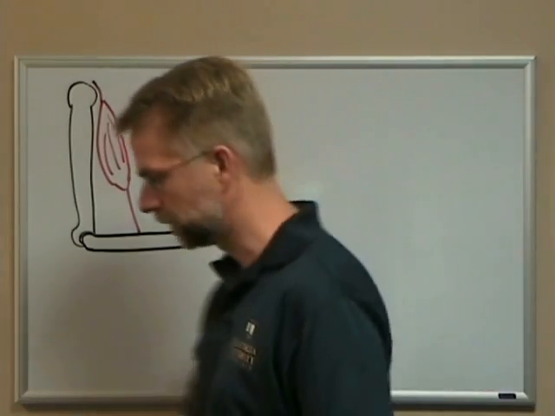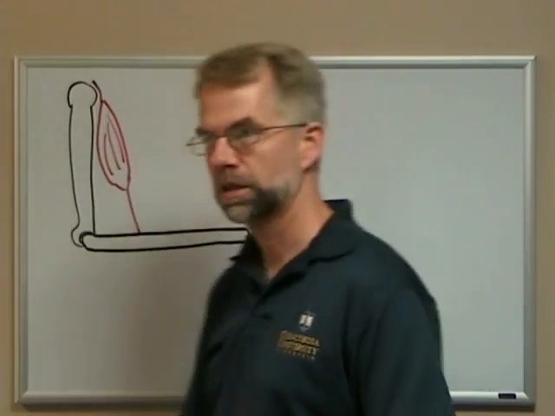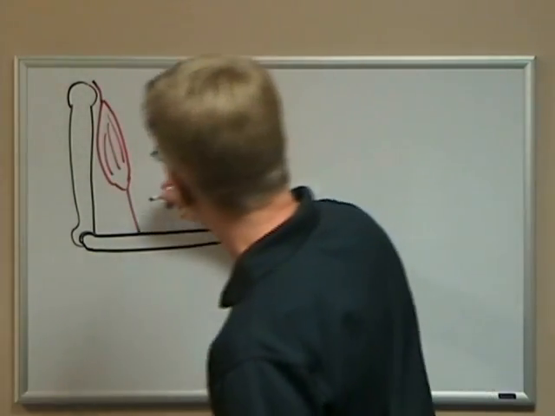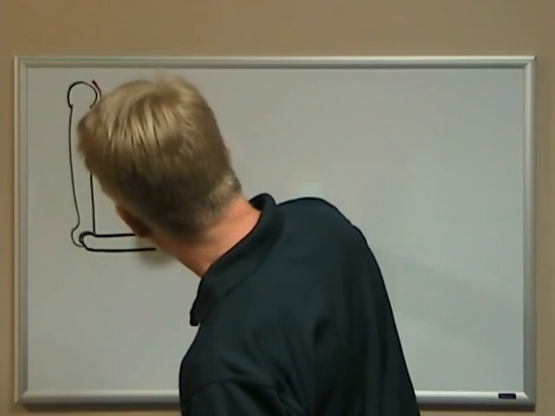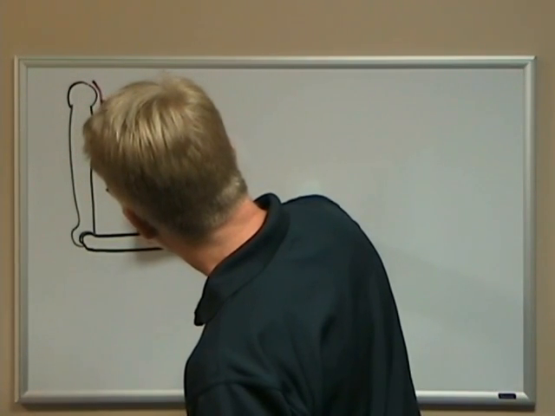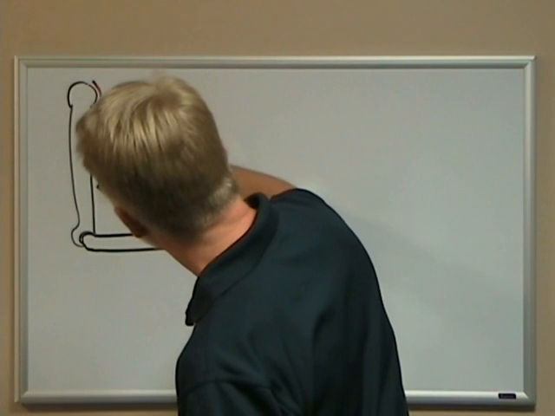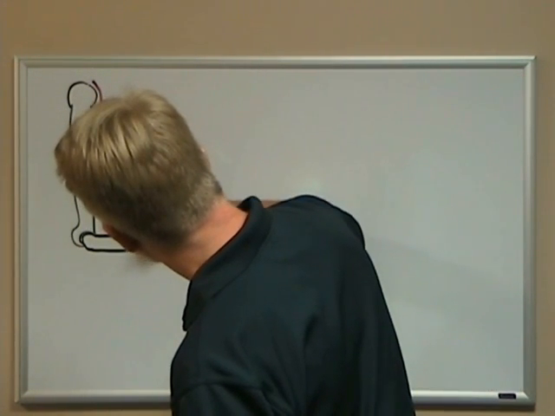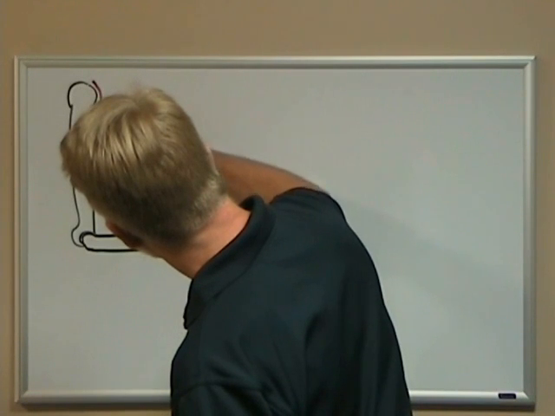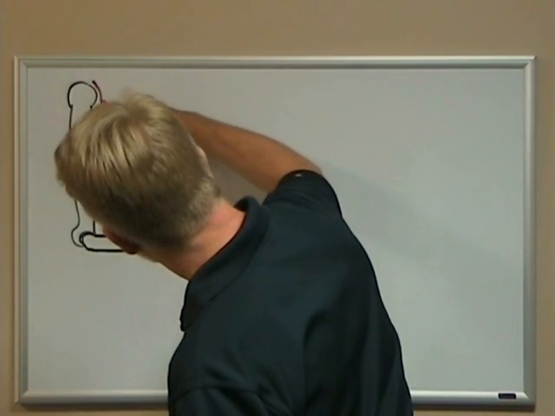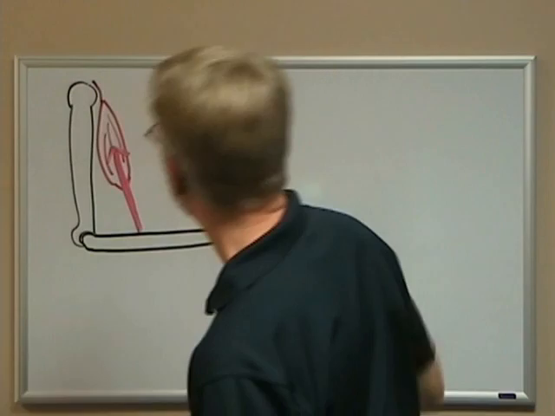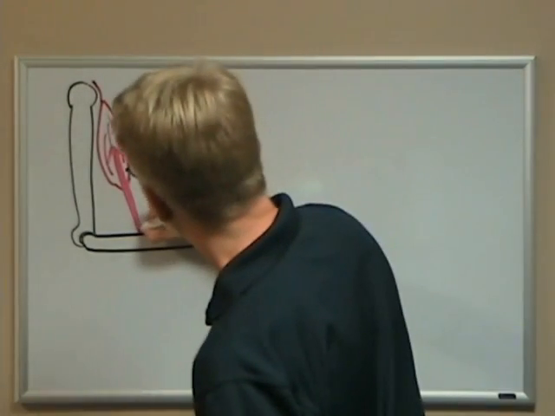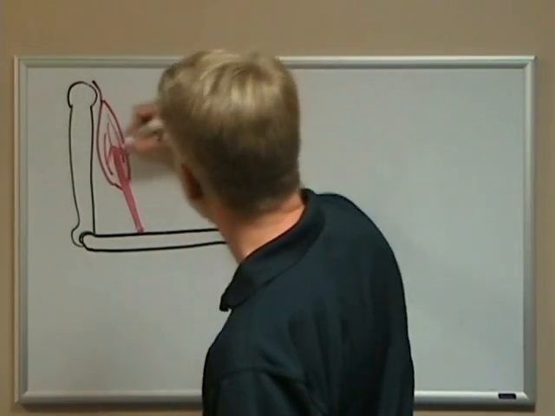So that muscle generates a force, and that force can be represented by, let's say, this vector. I'll try to make it extra thick so we can see it. Here's the point of application of force.